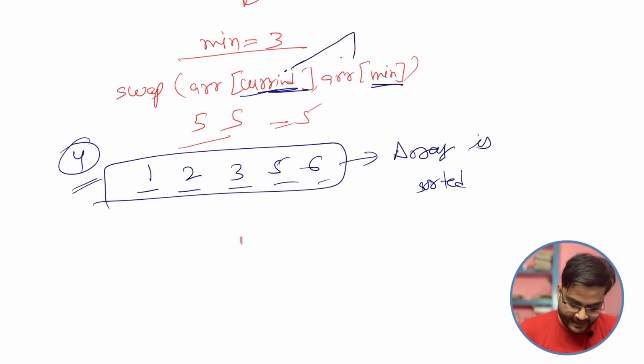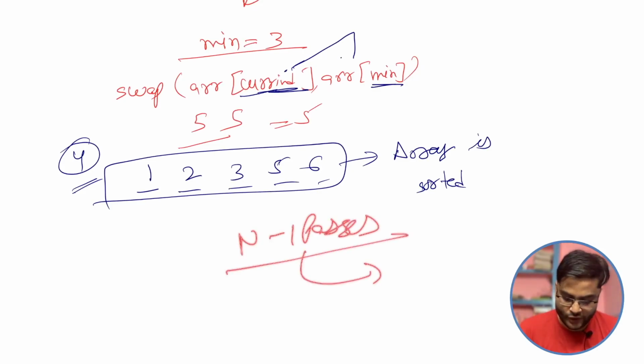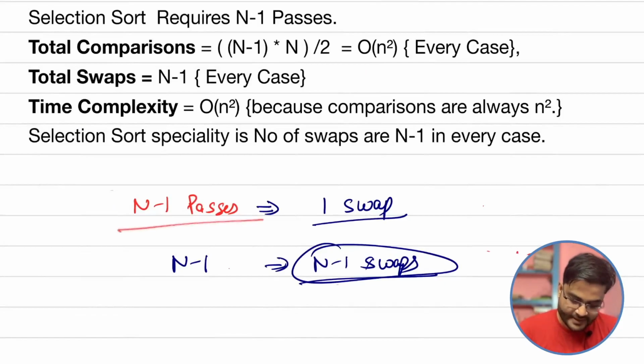There are n-1 passes, so for n-1 passes we are swapping n-1 times.